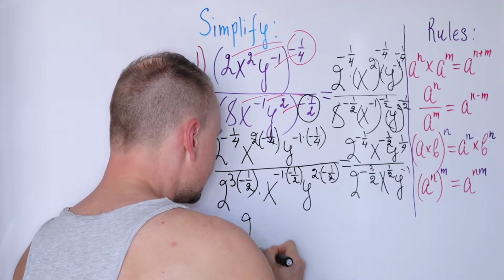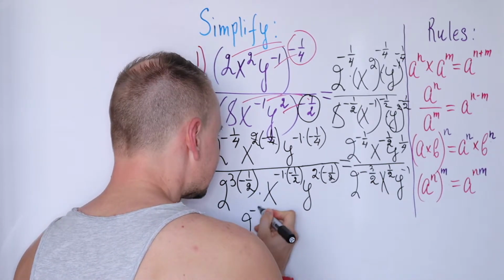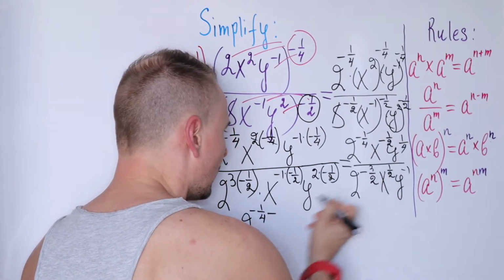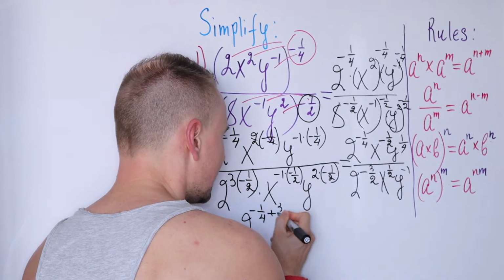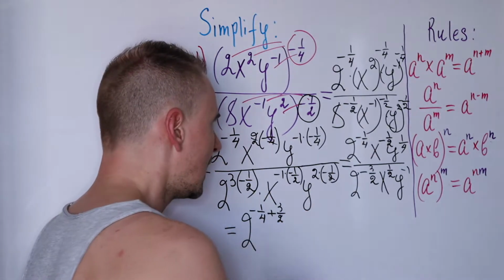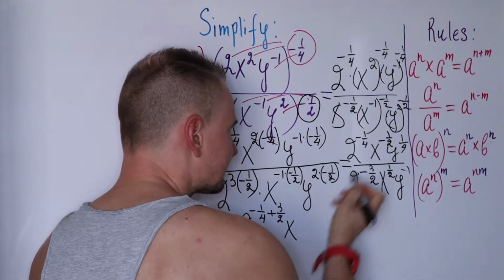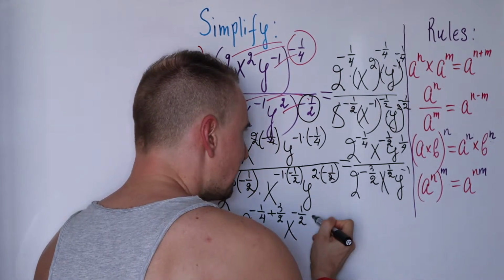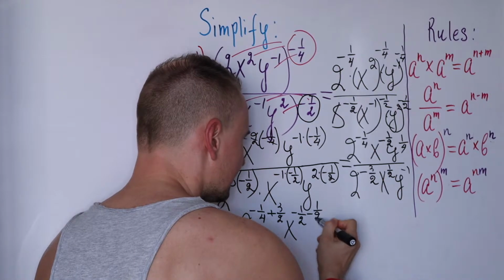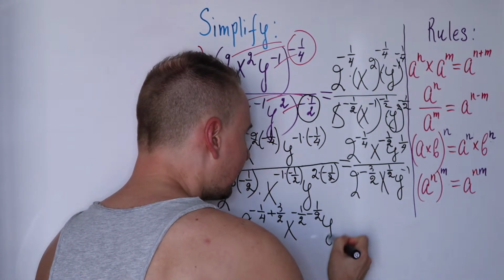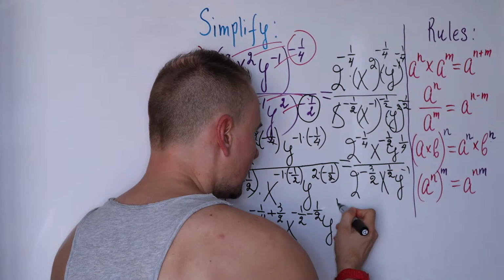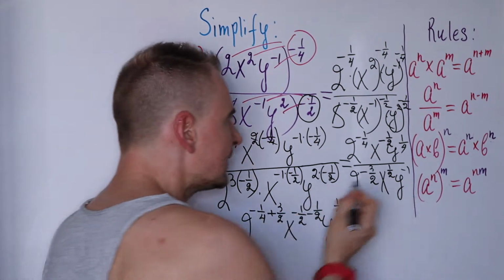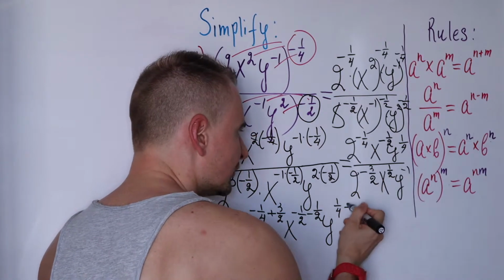So I keep this 2 and the 1/4 minus 3/2. For x, I would have negative 1/2 minus 1/2. And finally for the y term, you have 1/4 on top, take away, minus 1.